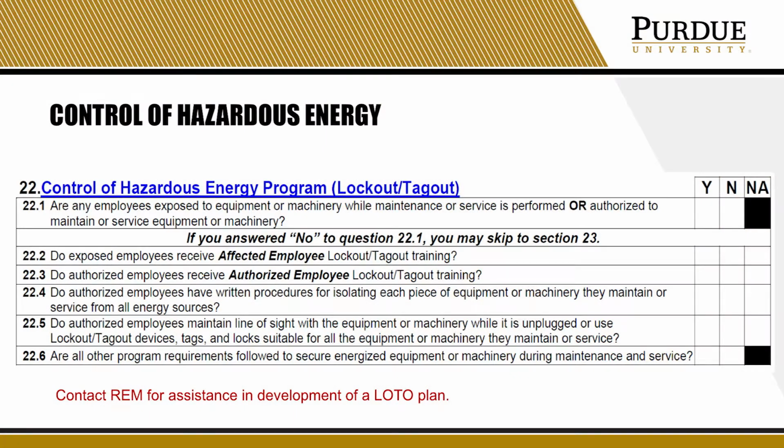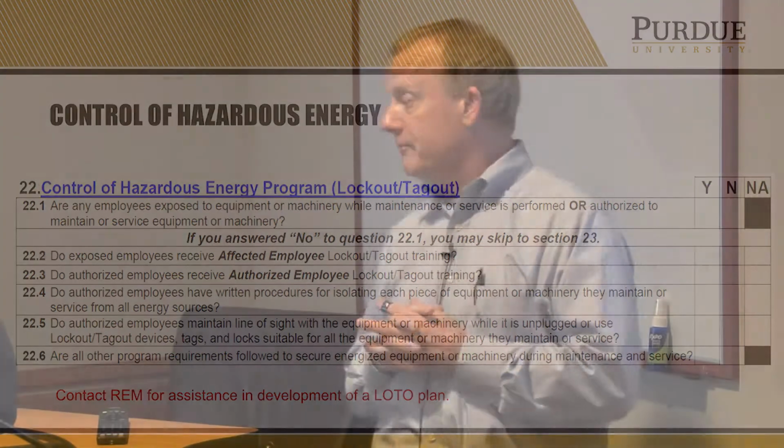So what would happen is that you would then enter into the Control of Hazardous Energy program. A lot of people call that lockout tagout. What we want to do is make sure that people are appropriately trained and know to lock out equipment. Unfortunately, we have another OSHA story where individuals were servicing a piece of equipment.